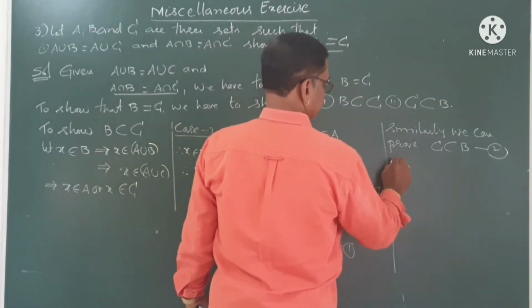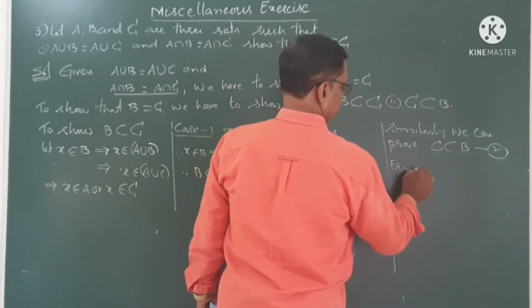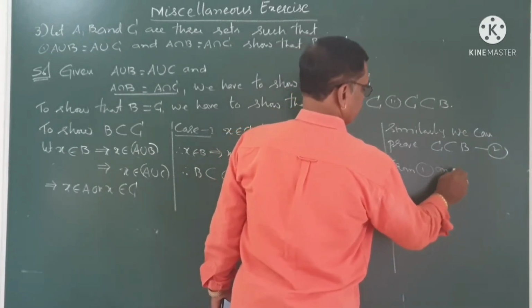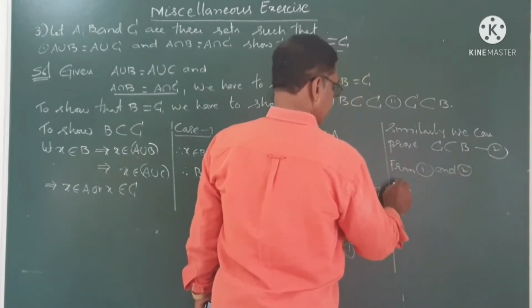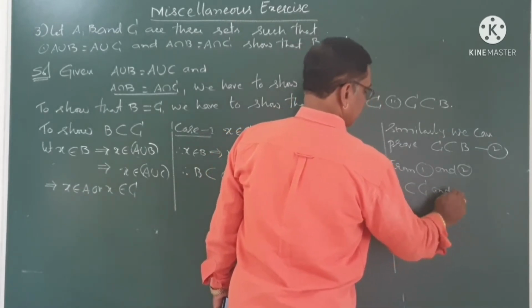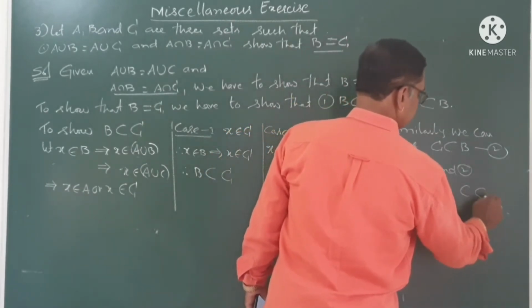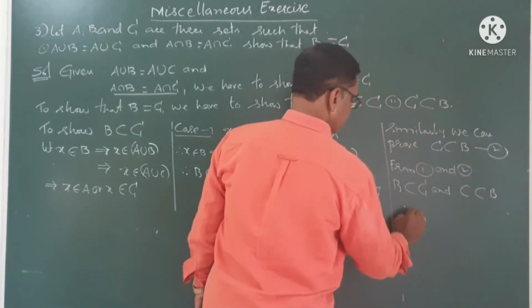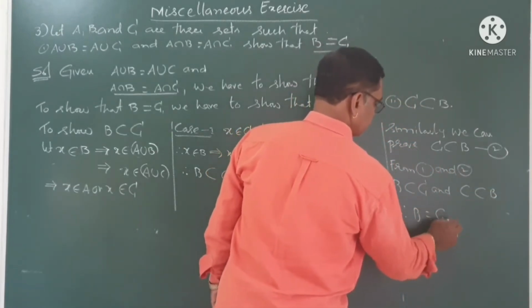From 1 and 2, B is a subset of C and C is a subset of B. Therefore, B is equal to C.